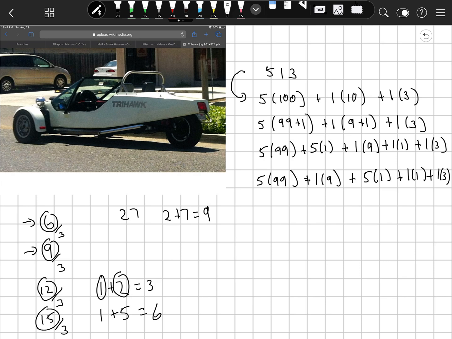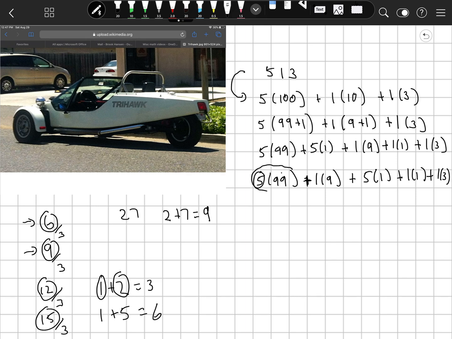Okay, let's talk about these pieces individually for a minute. If we have 99, think about 99. Is it divisible by 3? If you go 3 into 99, you get 33, so it is divisible by 3. And if we have 5 99s, each of those 99s are divisible by 3 too.